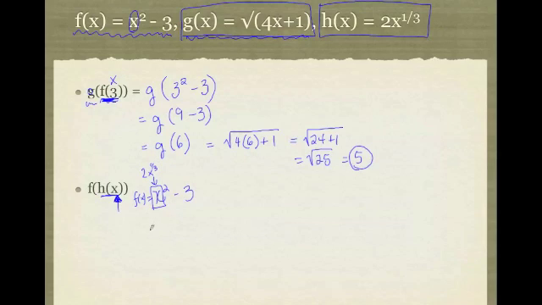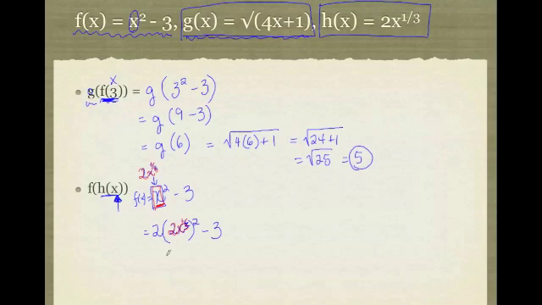So I'm just going to rewrite it. 2 times 2 cube root of x, squared minus 3. Now notice that h equals 2 cube root x, and I've written that entire expression here in place of that x that was in my f function.